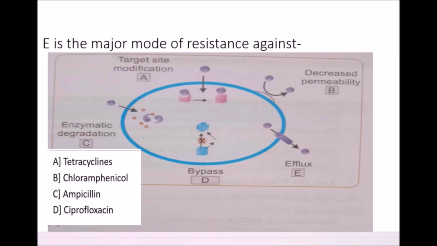And now our next question is, E is the major mode of resistance against tetracyclines, chloramphenicol, ampicillin or ciprofloxacin. So friends, sometimes there is formation of certain efflux pumps in the bacterial cell.